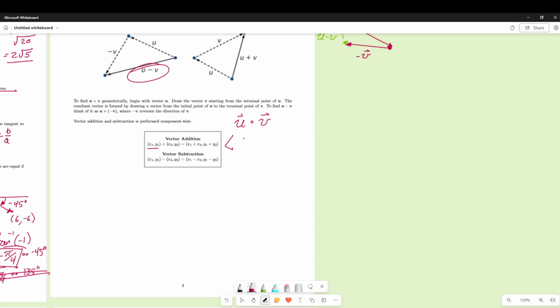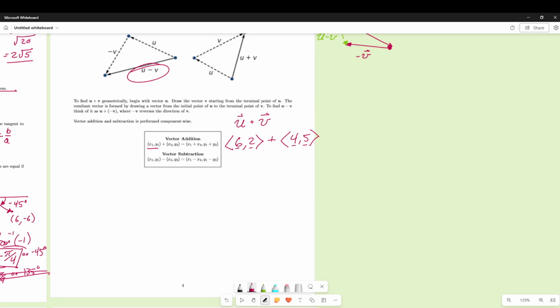So if we had a vector like 6, 2, and we wanted to add that vector to 4, 5, the nice thing is we can perform this vector addition in a very straightforward way just by adding like components.